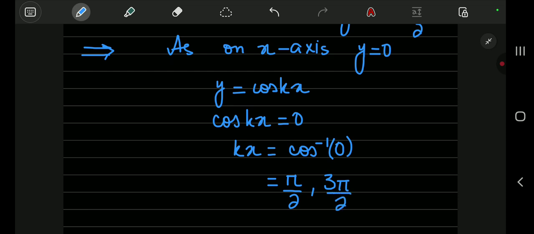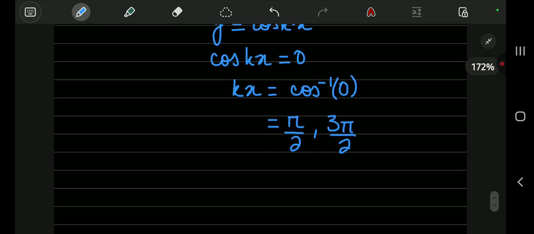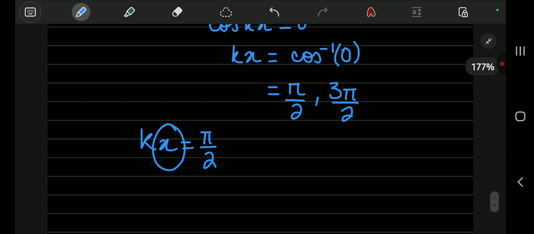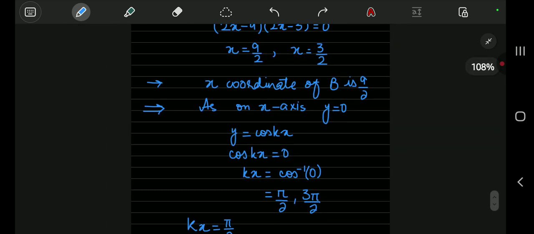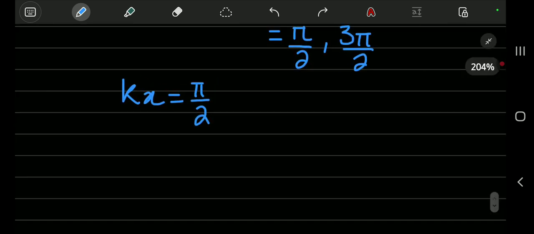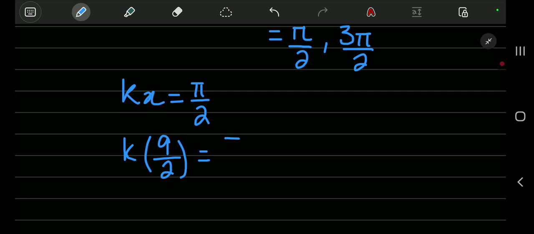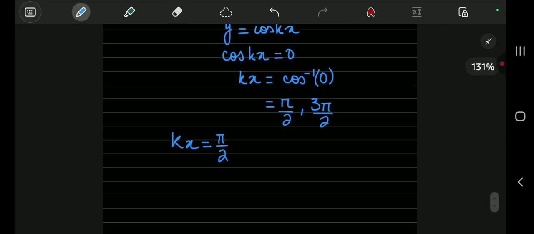So from here, let's take any one value. kx will be equal to pi over 2. So we know the x value. We can plug in any x value, either this or this, to find the value of k. So let's substitute the same 9 over 2 for the coordinate B. So k times 9 over 2 will be equal to pi. No, not any value, because we are taking pi over 2.